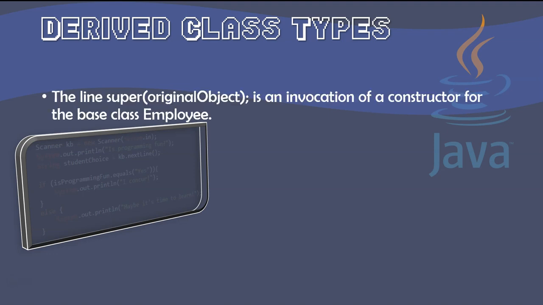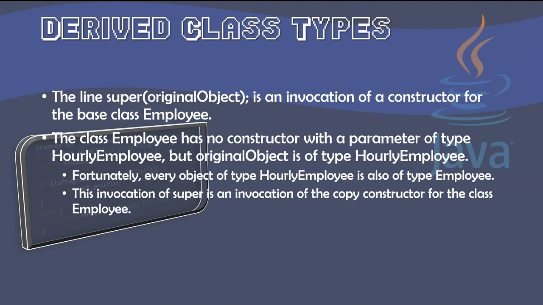With the derived class types, that line super(originalObject) is actually an invocation of a constructor for the base class Employee. It's actually not an HourlyEmployee, it's an Employee one, because again, we're looking back at the base class construction. The class Employee, if you notice, has no constructor with a parameter of type HourlyEmployee.